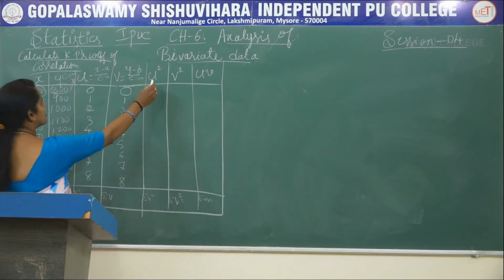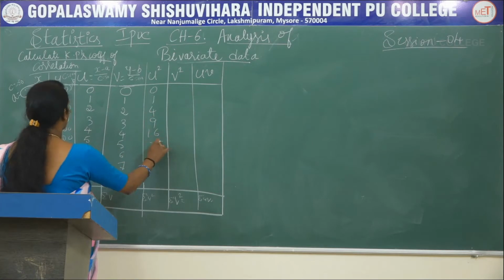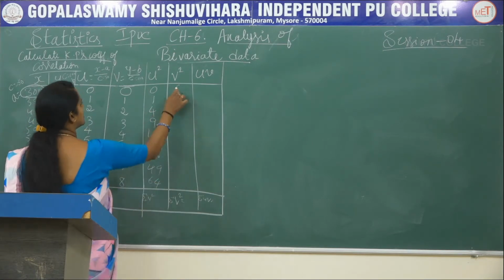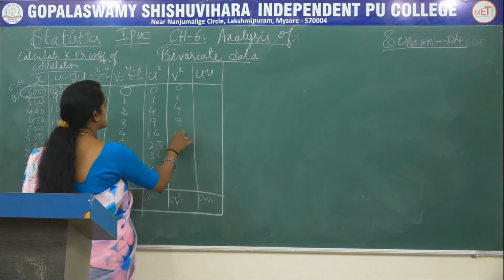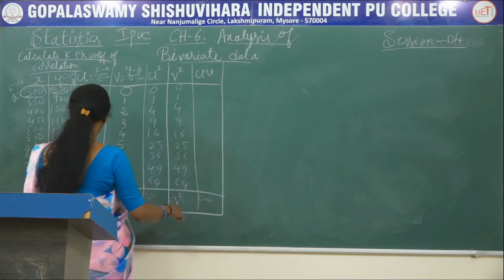So u square is 0, 1, 4, 9, 16, 25, 36, 49, 64. Similarly for v square, it is 0, 1, 4, 9, 16, 25, 36, 49, 64.